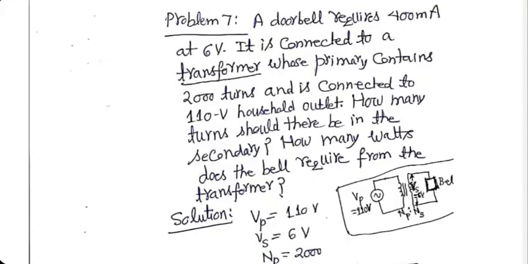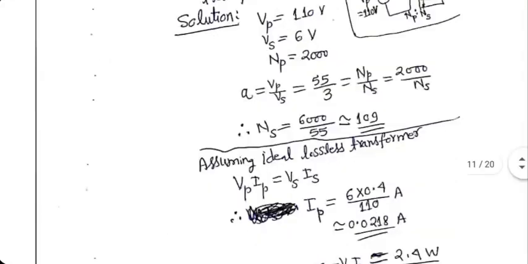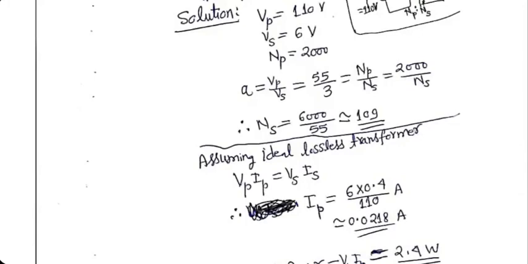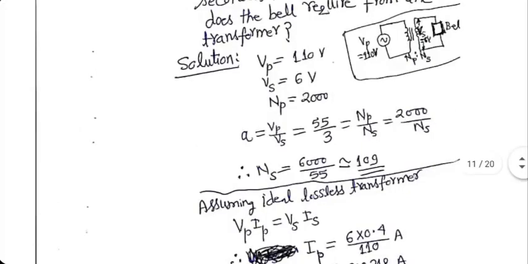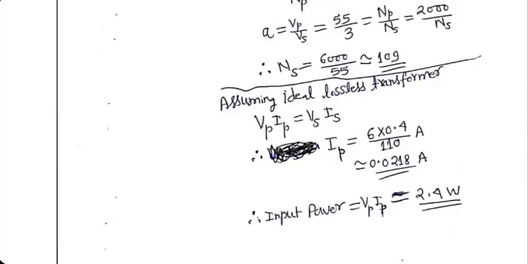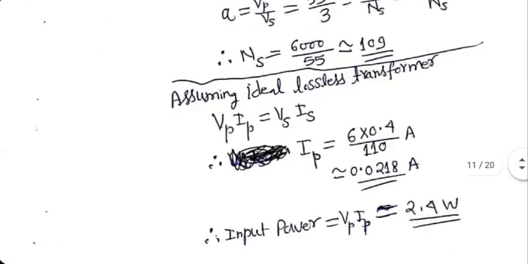And how many watts does the bell require from the transformer? Okay, so that is IS square RS, as simple as that. In fact, you can calculate VSIS directly. No need to know the resistance of the bell. You can do this very easily, I'm sure.